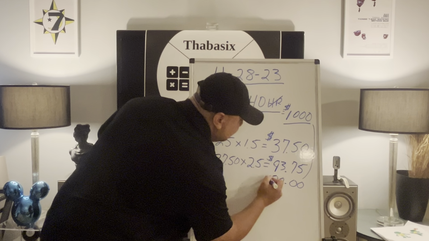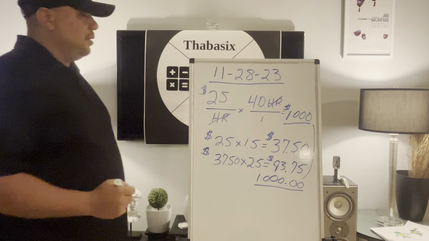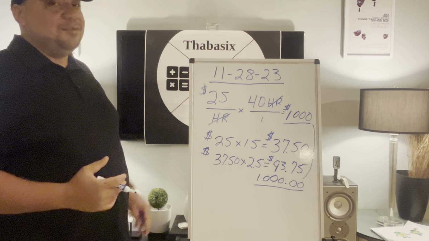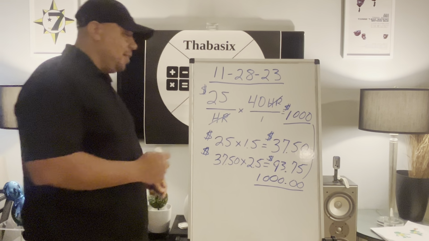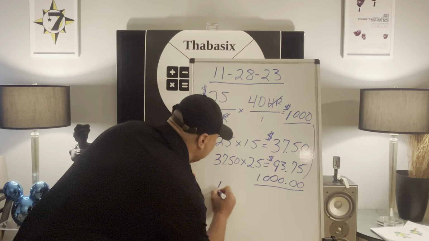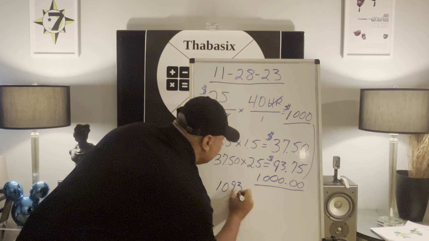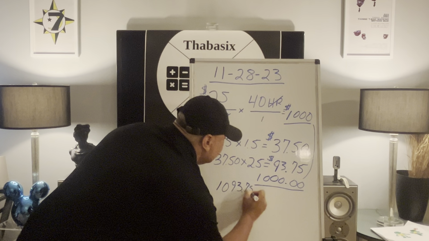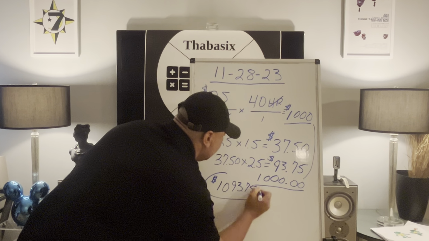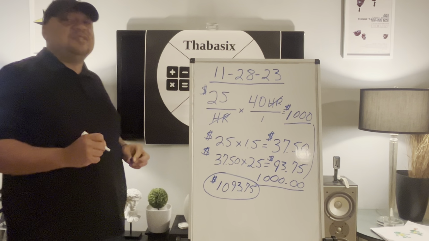You add 1,000 to 93.75, which is $1,093.75. Get in the habit of circling your final answers, for yourself and for your teacher. That's it. Now we know how to do some overtime.